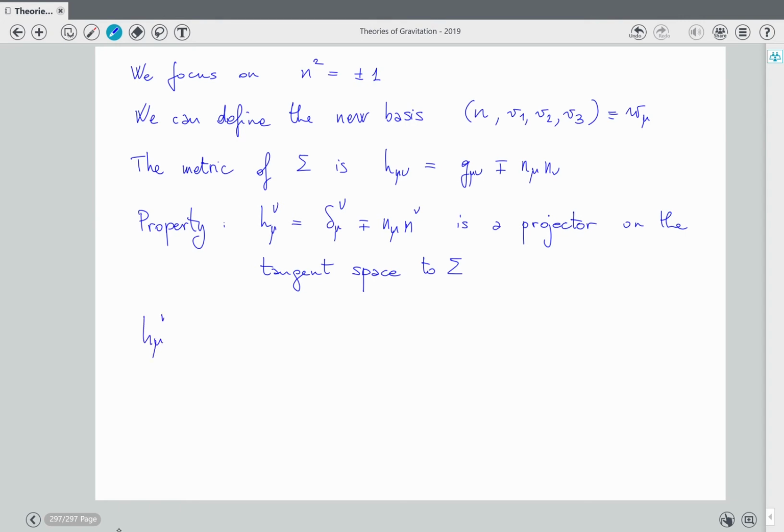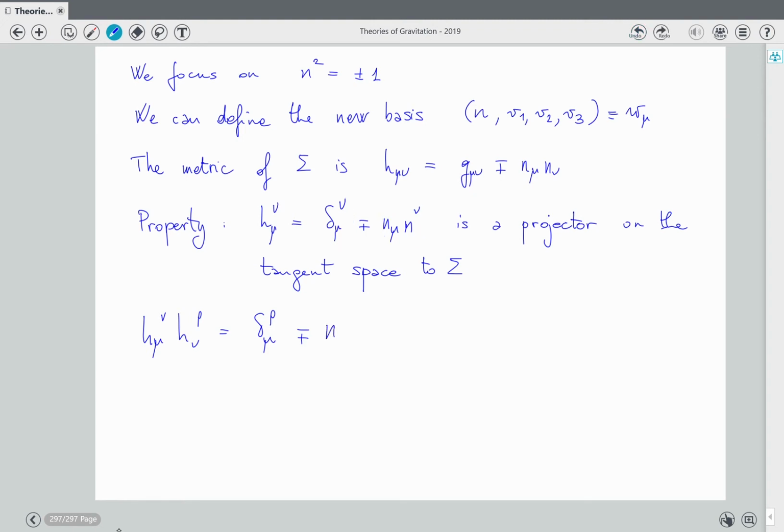So h mu rho equals what? Well, if we square the delta, we get a delta. Then there is a double product, because n mu has to be multiplied by delta to the left or the right, doesn't matter.